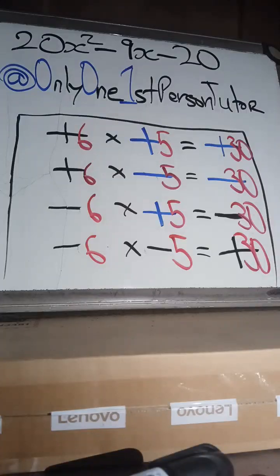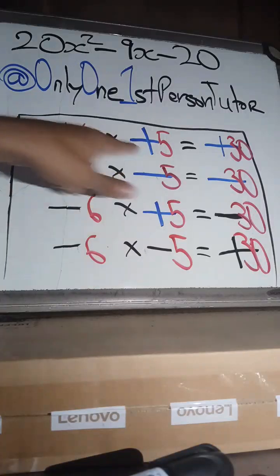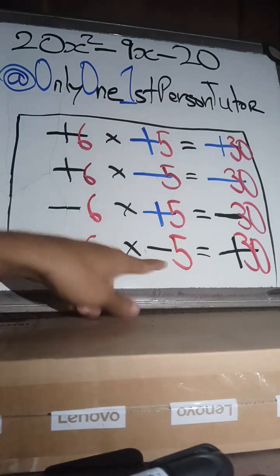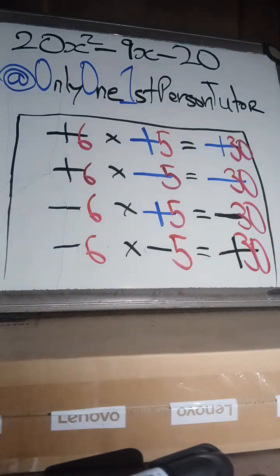And then of course the numbers, they're not going to change. 6 times 5 is always 30. The only thing that will change is whether or not it will be positive or negative, depending on what number is positive or negative. Both of them positive, they come out positive. Both of them negative, come out positive. One of them being different, makes it different. Right?